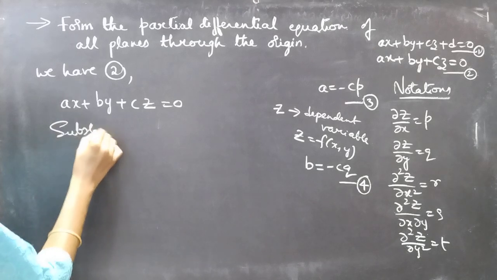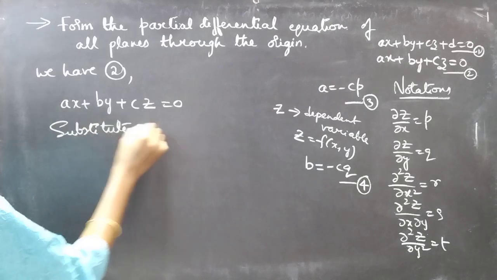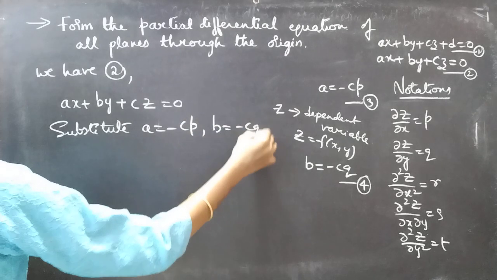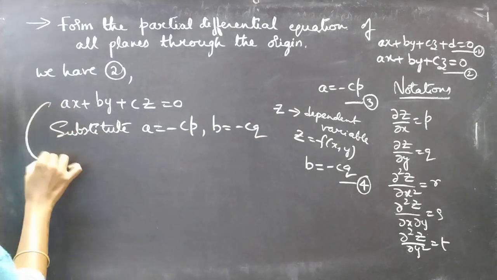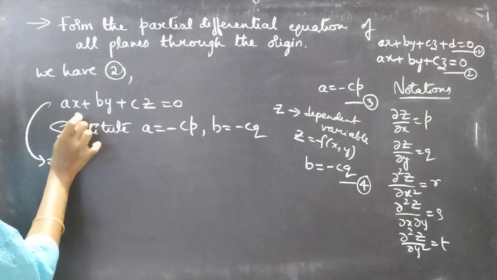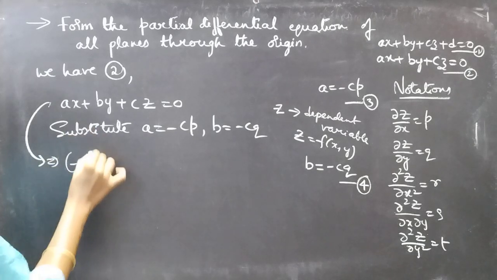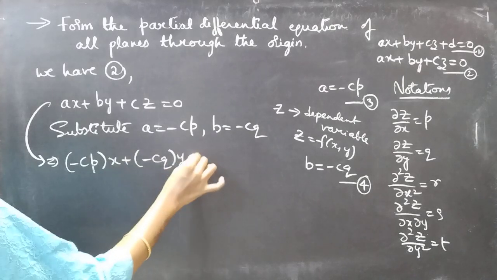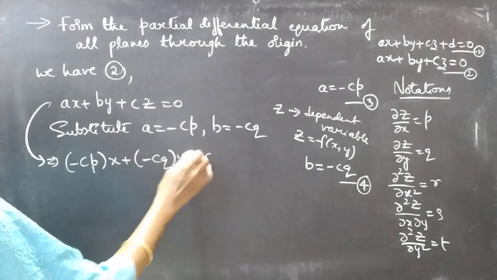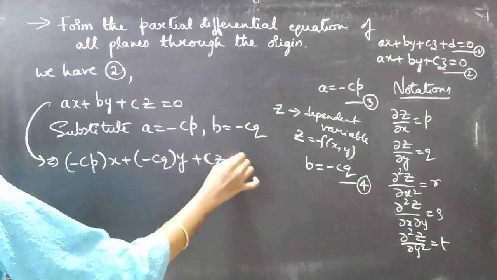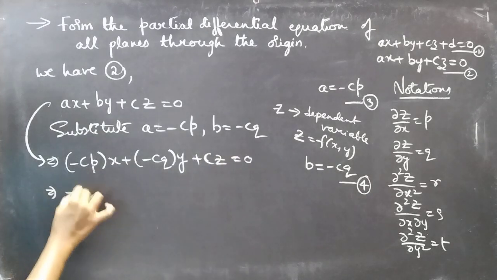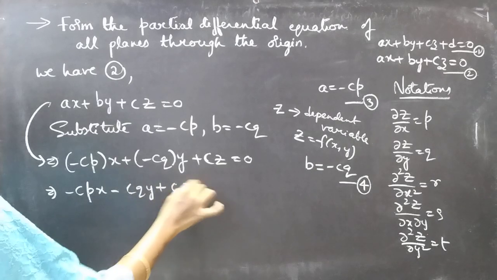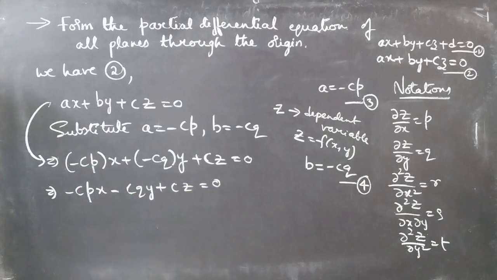Substitute a equal to minus cp and b equal to minus cq in it. Then this becomes minus cp into x plus minus cq into y plus cz equal to 0. This gives us minus cpx minus cqy plus cz equal to 0.